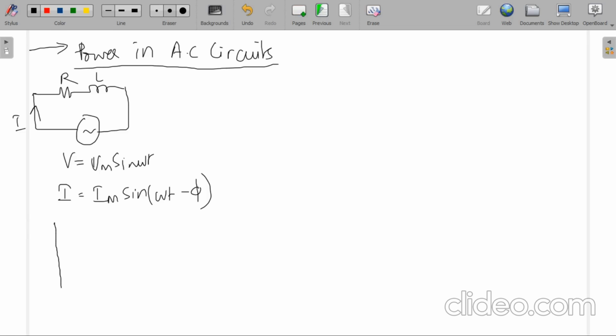Coming to the wave diagram, if this is the voltage, then the current lags the voltage by an angle phi. Let this be the phase angle phi. The waveform starts from here.